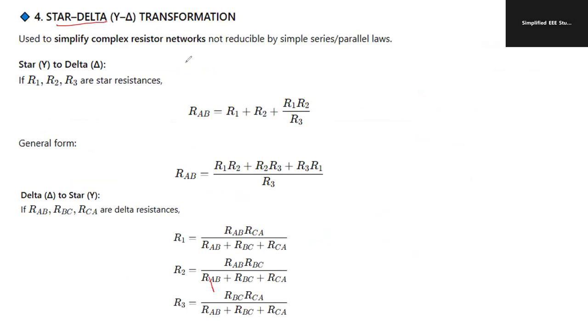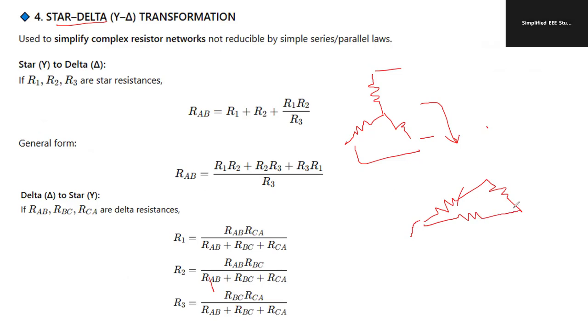So star to delta. Suppose I have a star, and I just want to convert the star into delta. So this is my delta and this is my star.